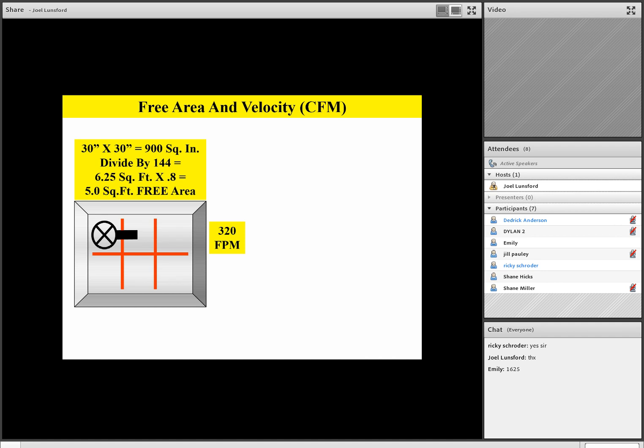Plus our next reading of 330. Plus our next reading, 320. Plus our next reading, 325.